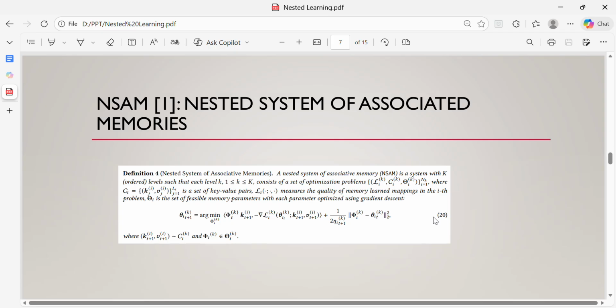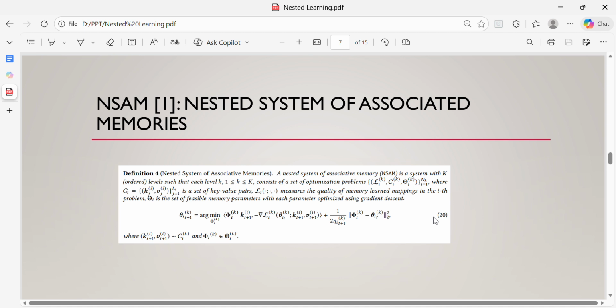So what is the difference here? There we were doing it explicitly; here we are using keys and values. So this is the key at the ith system, and k is the level, right? Each level has 1 to N_k optimization problems, contexts, and thetas.